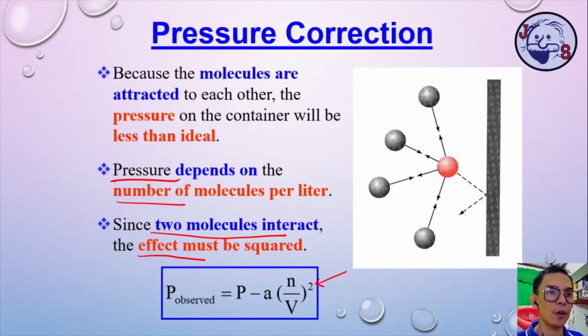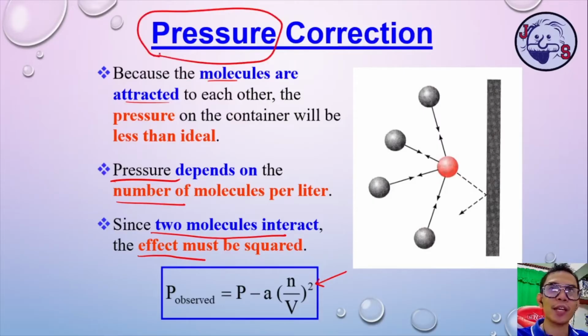Hey, I forgot this one. If the molecules are attracted to each other, the pressure on the container will be less, somehow less ideal. So if the molecules of your gas are polar or non-polar, it has a certain effect on the pressure differences.